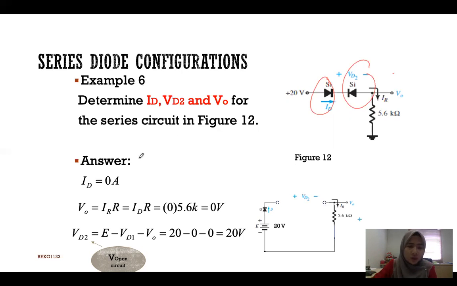For the first question, I want to calculate the ID. ID is the current that flows through this series circuit. Since you have an open circuit over here, you directly know that no current flows in an open circuit. So ID is equal to 0 ampere.